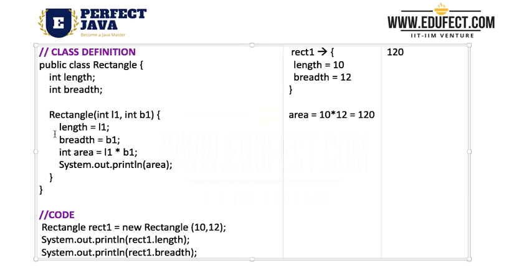Now with this, the constructor is complete, so it will go to the next line. System.out.println rect1.length. Now what is rect1.length? It is 10. So it will print 10 on the screen. And then system.out.println rect1.breadth. So what will get printed on the screen is 12. So here we have been able to define and use parameterized constructors.